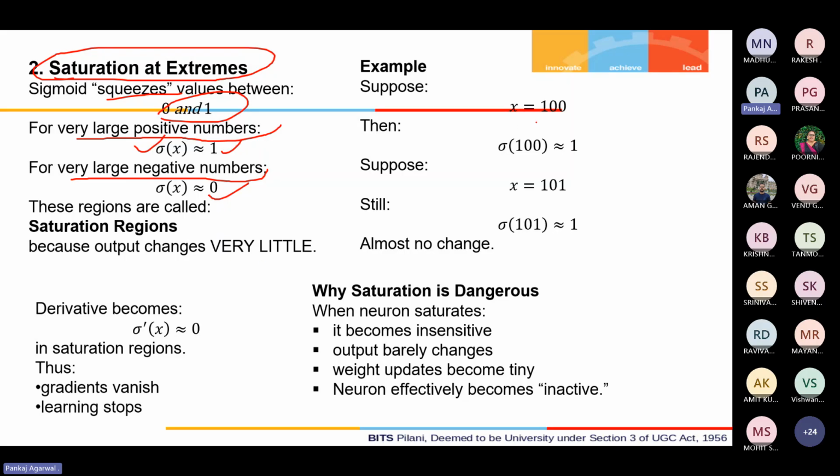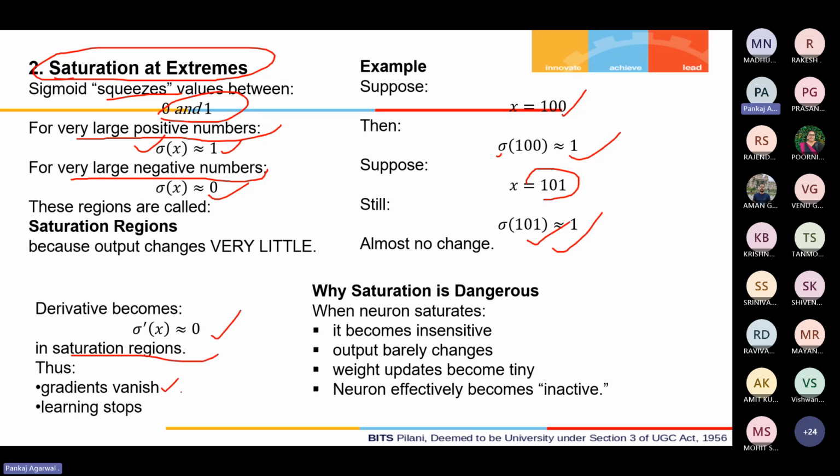For example, over here, you can see that I've given X, and when I applied the activation function, it is 1. Even if I say 101, it would still result in 1. So saturation has been achieved. The derivative becomes 0 or the same value in the saturation regions.